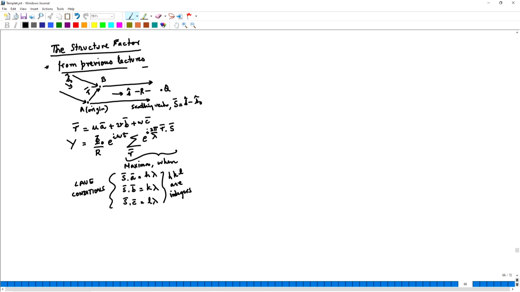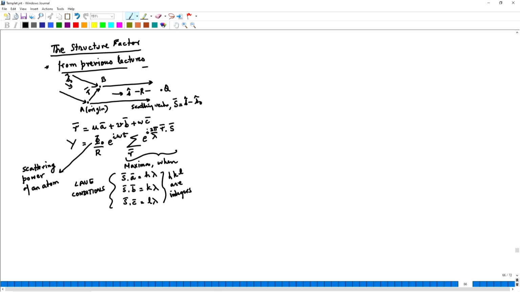One more comment I would like to make: phi 0 is called the scattering power of an atom. So, in this equation it basically represents the amplitude after the wave is scattered at a unit distance from the scattering center.